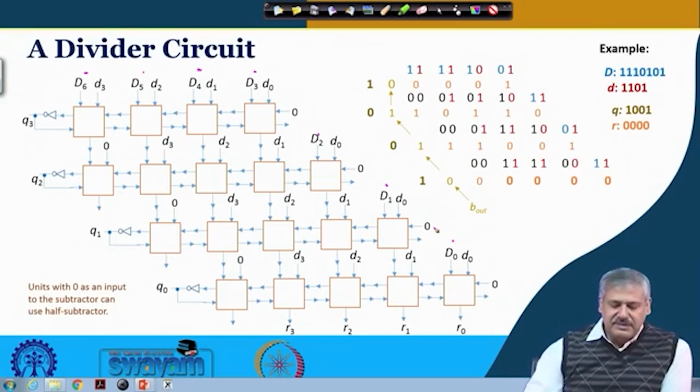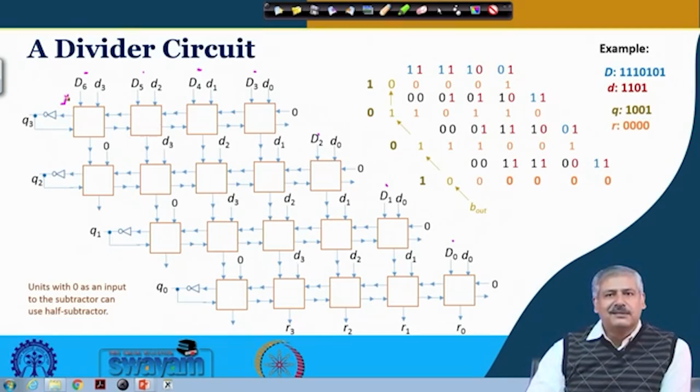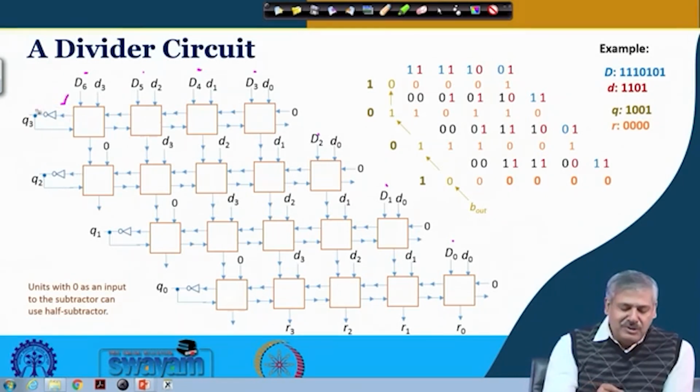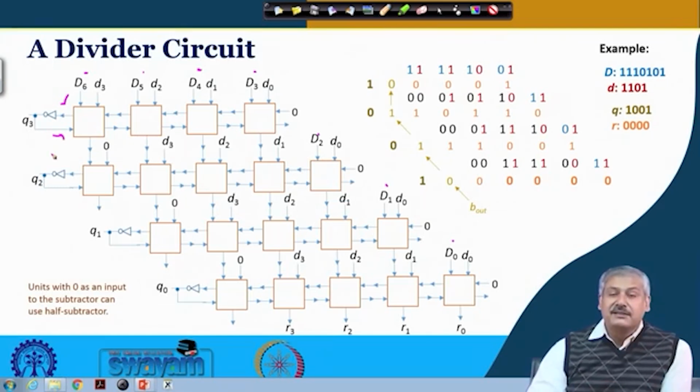This is the circuit, and now what you can see is that the borrow out that was getting generated, its inverted form is actually getting fed as the select input of the multiplexer.